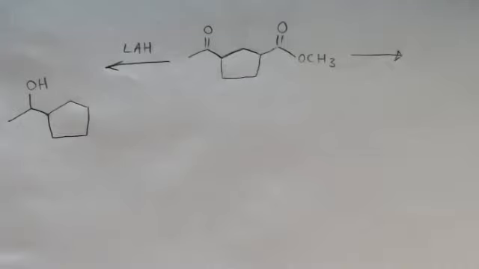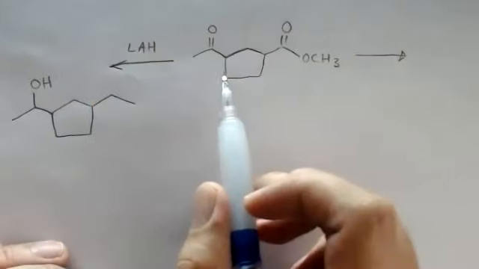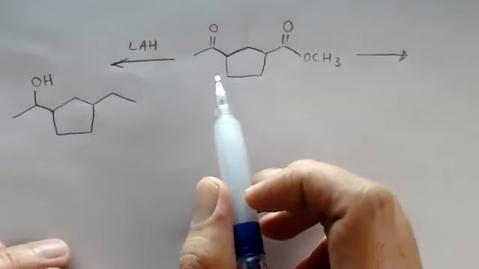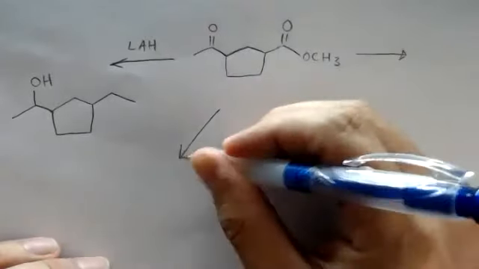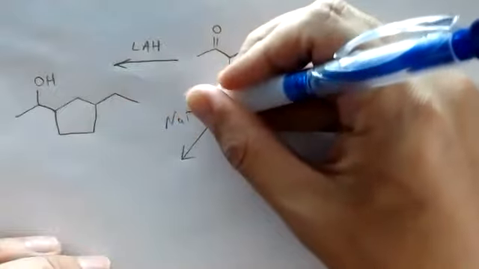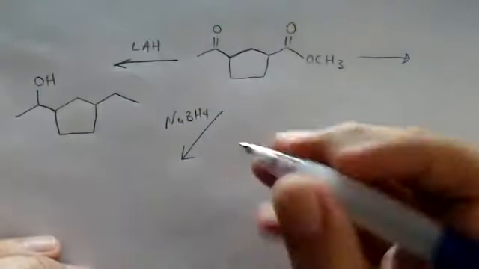Isn't LDA the stronger one? LAH is really strong. LDA is a base. So the weaker one was the sodium BH4. Yeah, let's do that one too, just to make sure we're understanding the difference. So we'll do that one also after.